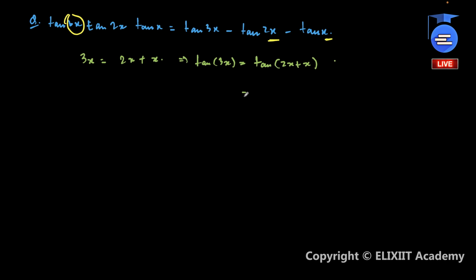Start from this relation. Now keep on simplifying the right hand side, and then simply cross multiply. This cross multiplication thing is very, very important. So tan 3x is tan of 2x plus x. You break this: tan 2x plus tan x divided by 1 minus tan 2x into tan x.